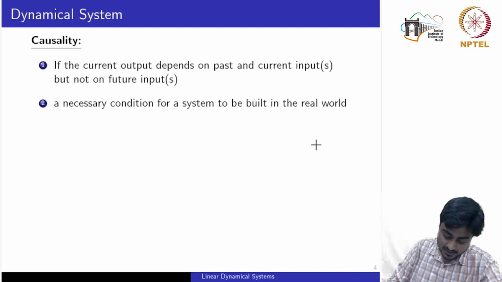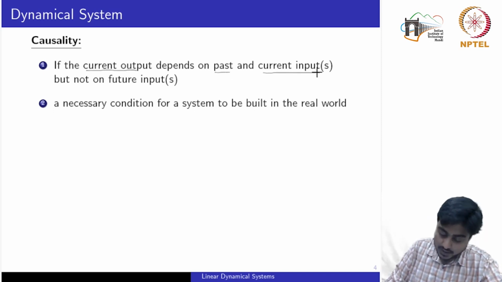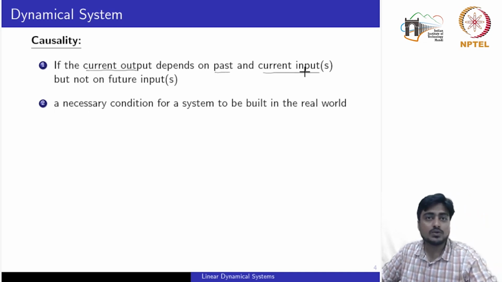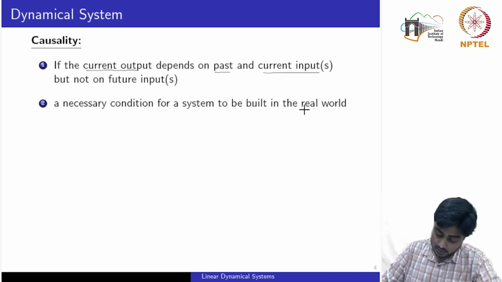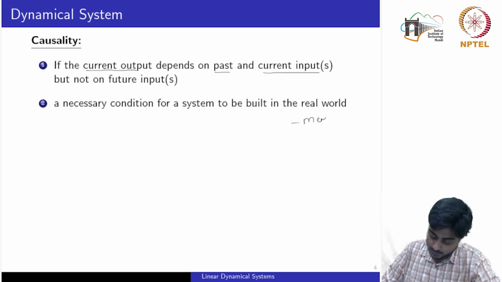Now there are two aspects here, that the current output either depends on the past input or on the current input. Here we would introduce two notions, that if the current output depends only on the current inputs, then we say those systems are the memoryless systems.